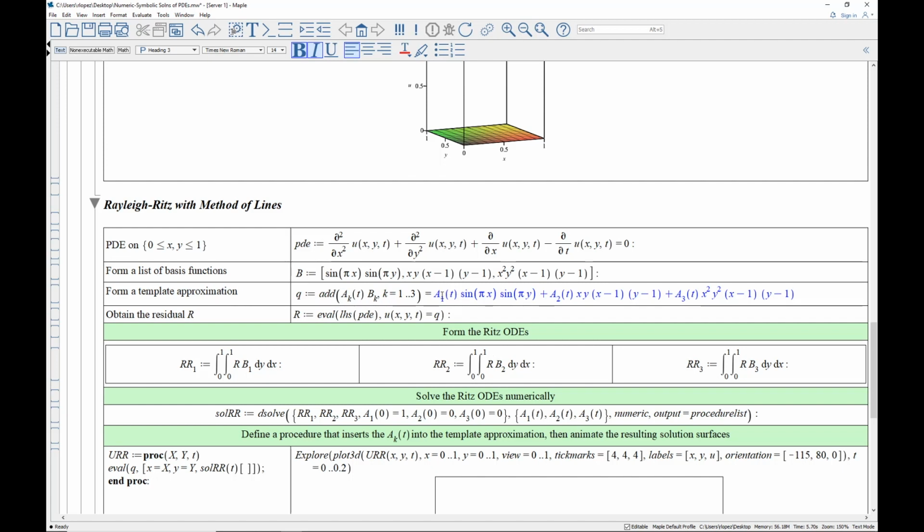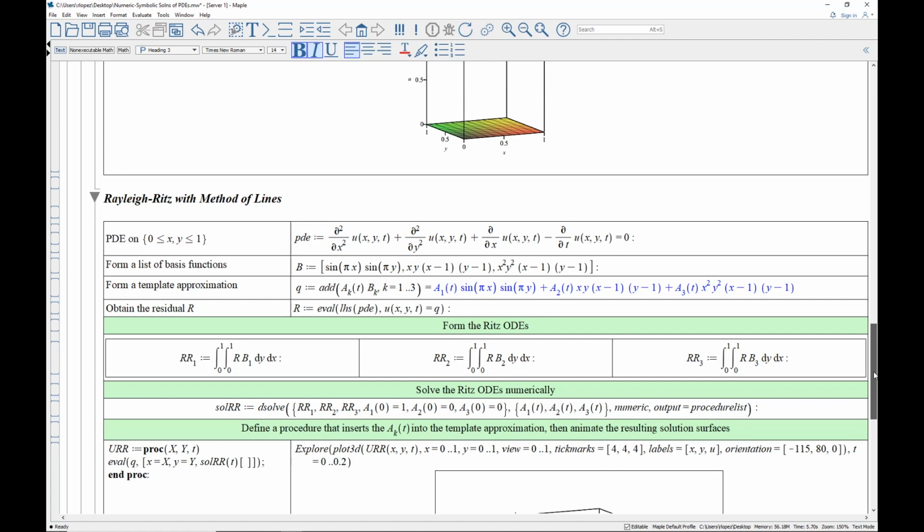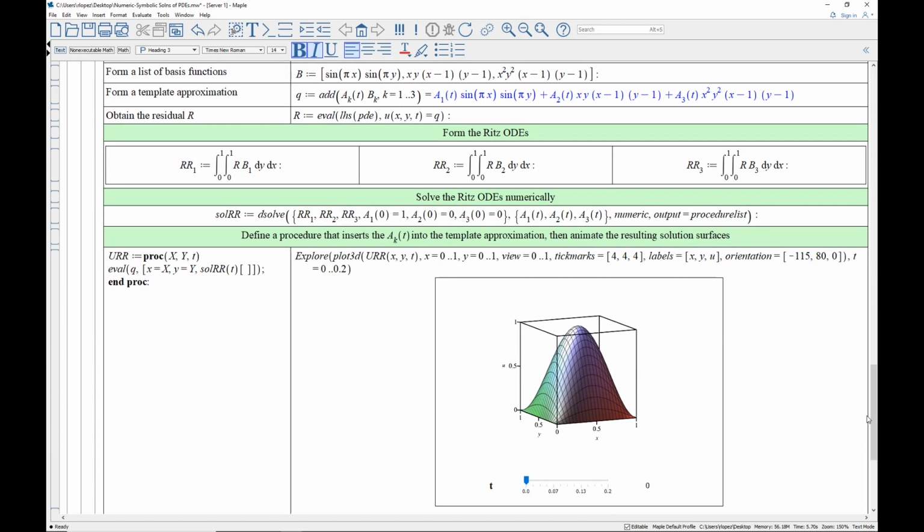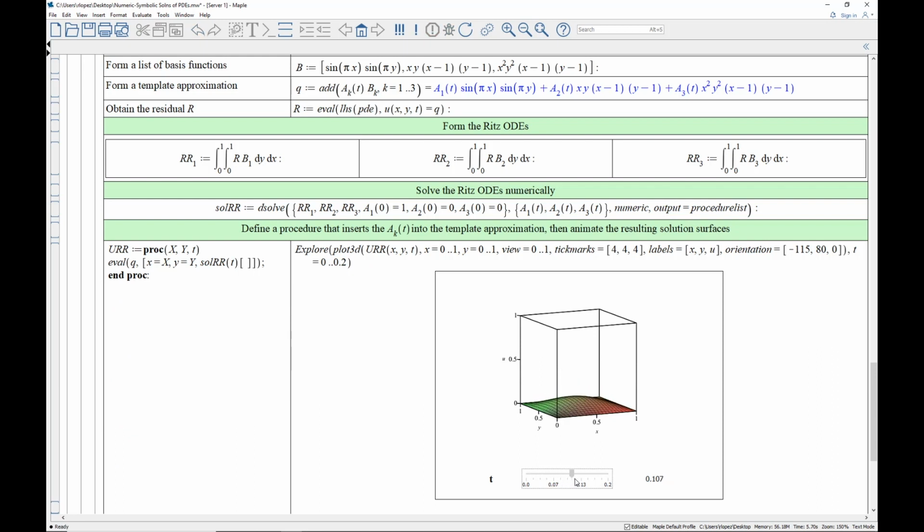So this A1, A2, and A3 have to be the procedures that the dsolve generated. And then we can do an explore on a plot3d and see if it behaves the way we expect it to. And yes, this temperature goes to 0 over time.